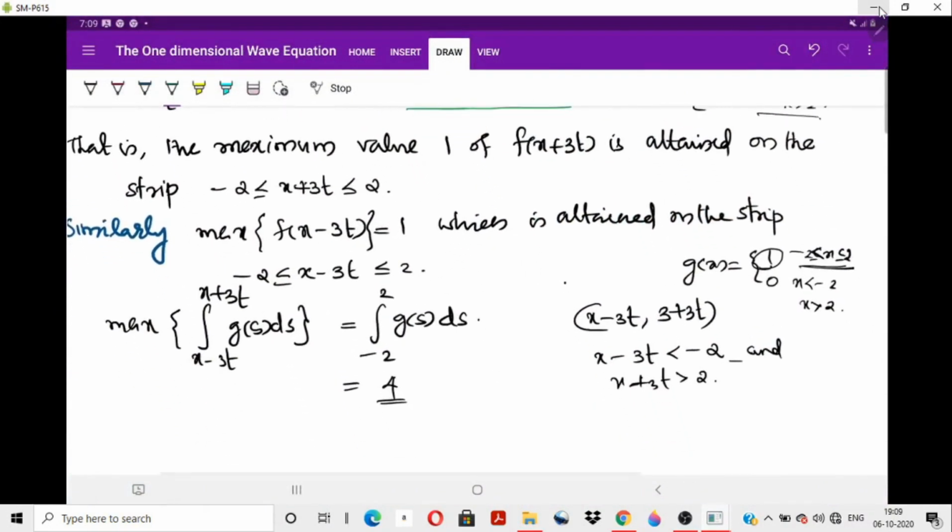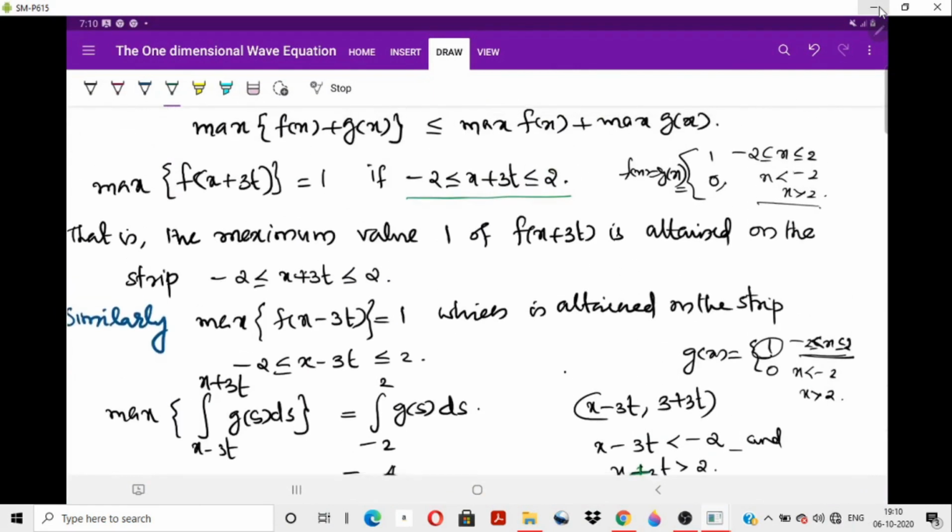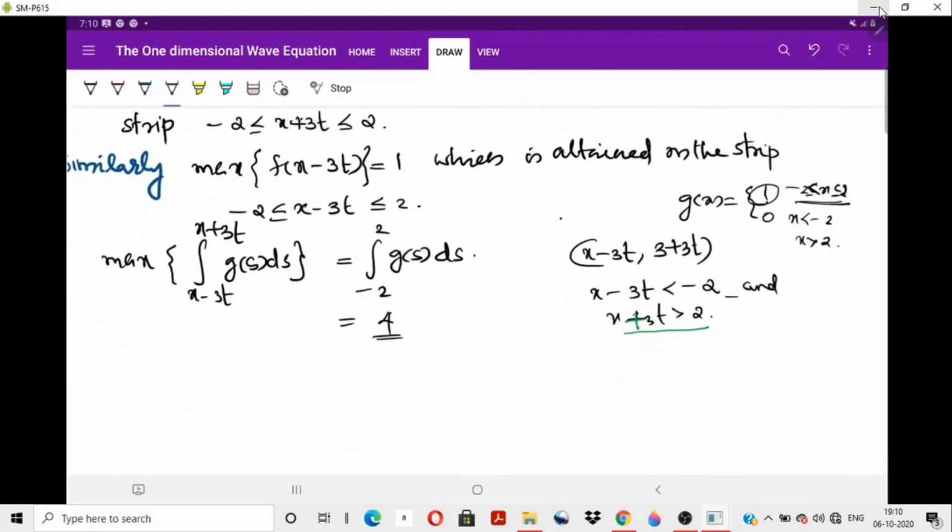And for the integral of g to have the maximum, x plus 3t must be greater than 2, isn't it? So x plus 3t is greater than 2 and x plus 3t is less than or equal to 2.